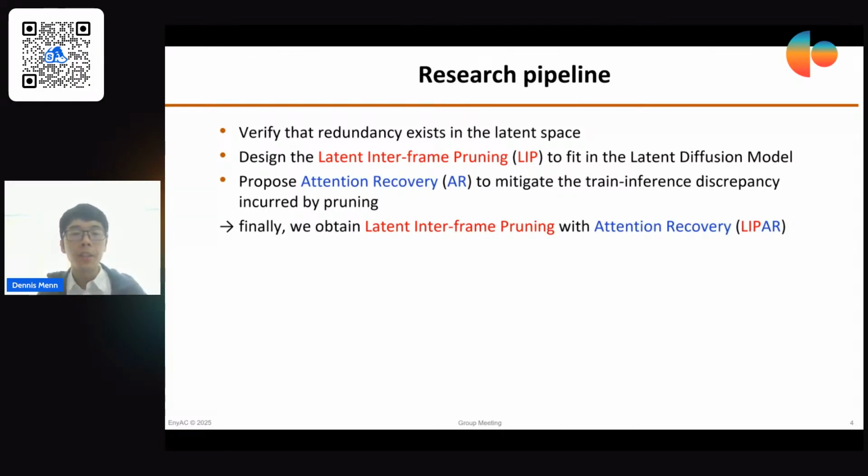But we found that this does not work well because there is a train-inference discrepancy which incurs artifacts. So we proposed an attention recovery mechanism to close this gap. Finally, combining latent inter-frame pruning with attention recovery, we get the final workflow, LIPAR, or LIPAR, but both are fine.